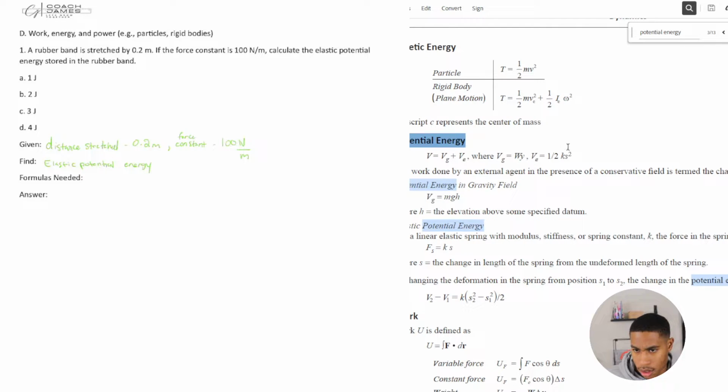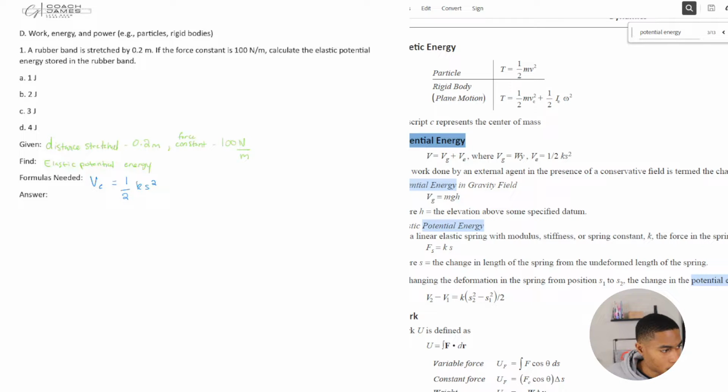Okay. So I know that I will need Ve. I know my formula is going to be Ve is equal to 1/2 ks squared. All right, what is k?